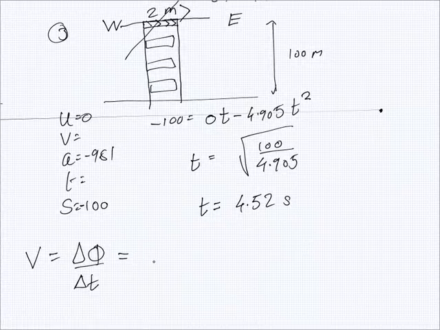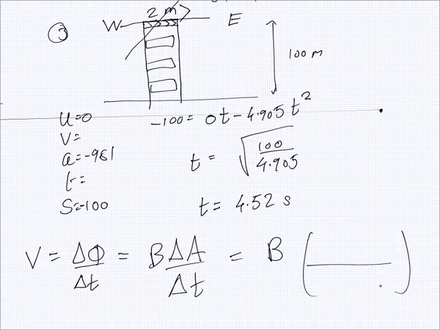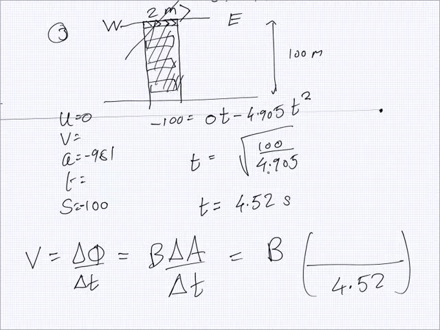Okay, so what's changing here, the B or the A? The A is changing, yeah, so it's the change in the A over the time. Okay, what's the area at the end? 2 multiplied by 100, yeah, so it's 200.